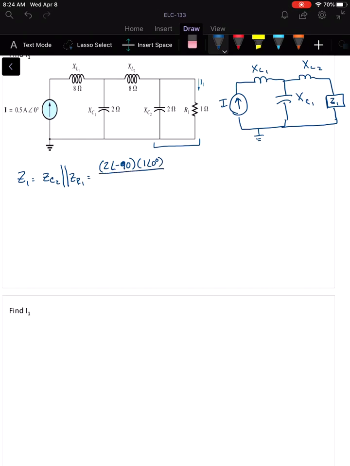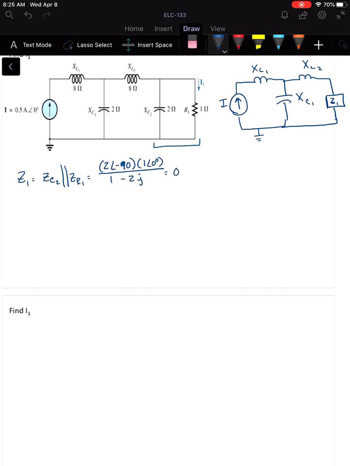And then when I add these on the bottom, I like to start with the resistor because that's the real part of the equation, minus 2J. Again, you can also use rectangular form on the top or polar form on the bottom. It really doesn't matter as long as you can handle the math there.